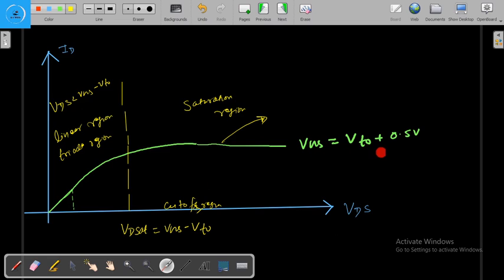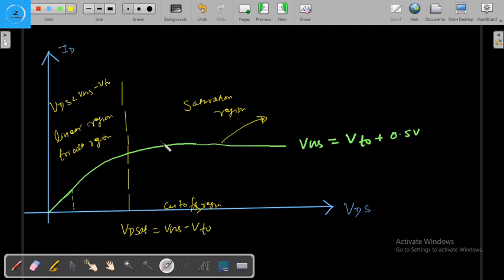We have kept this VGS equal to VT plus 0.5 volt. So this is the ID-VDS characteristics curve. In the next lecture we are going to see the channel length modulation.